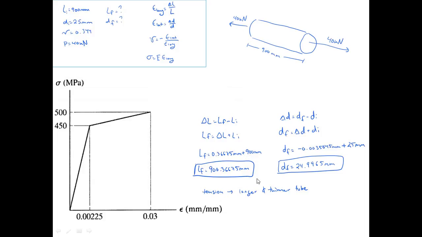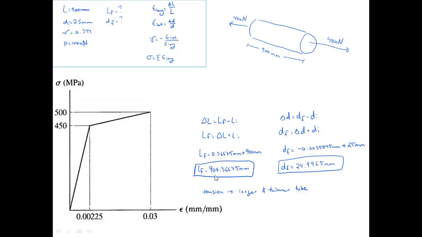So my final length is 900.36675 millimeters. My new diameter is change in diameter plus original diameter. So negative 0.035045 plus 25 gives me 24.9965 millimeters.